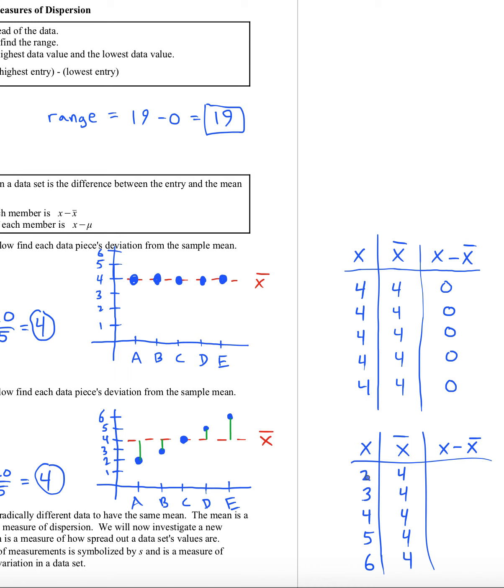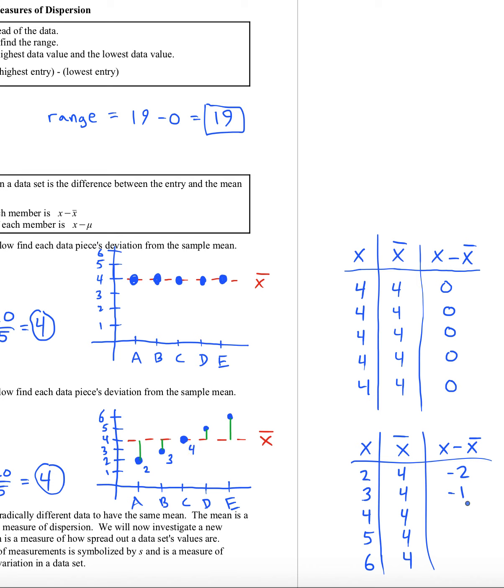Now we subtract. 2 minus 4. It makes negative 2, and the direction and the sign matters. What that shows is that this data piece of 2 is actually 2 units below the mean. This data piece, which is a 3, is 1 unit below the mean.